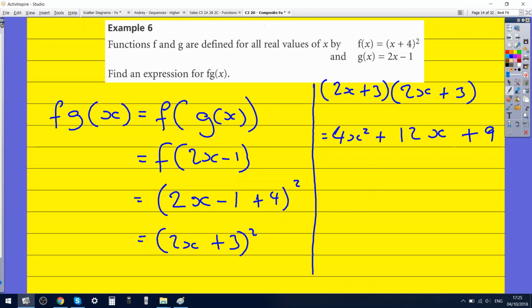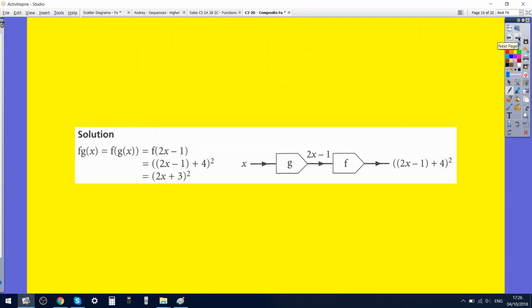So you got the first one, you got the last one, it's just the middle two. Any questions there? No. So instead of subbing in a number, you're subbing in an expression in terms of x. Technically they didn't tell us to expand it.